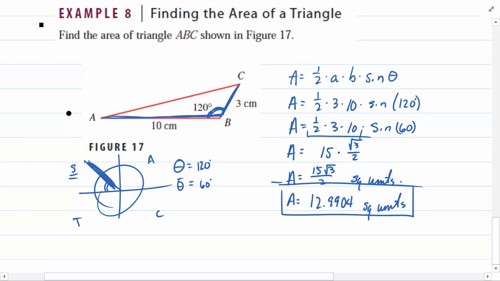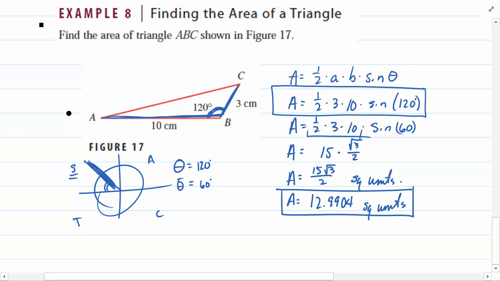If you are using your calculator, especially the calculator that we've provided on our computers, then you could have entered this value into the calculator and it would have simplified to 15 root 3 divided by 2, and you could also have used the control and enter, and that would leave you with the 12.9904.